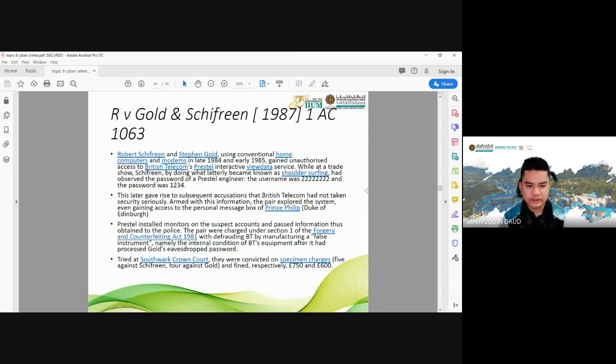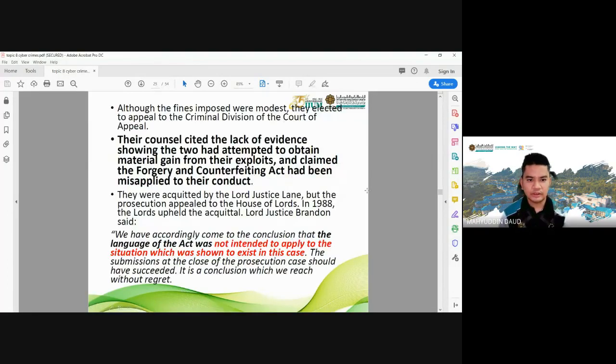So because of this, the accused person was charged under the UK Forgery and Counterfeiting Act, and the name of the offence was defrauding British Telecom by manufacturing a false instrument. Tapi sebenarnya when it goes to court, the court found that the provision on the Counterfeiting Act had been misapplied.